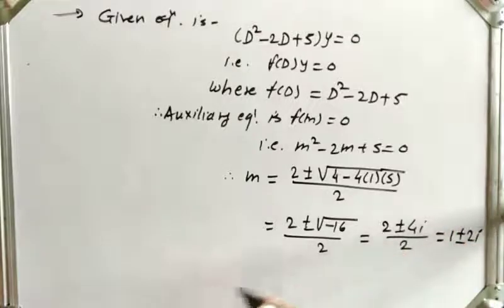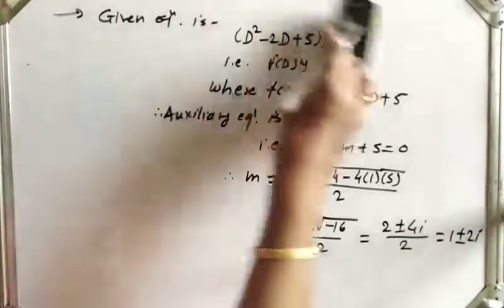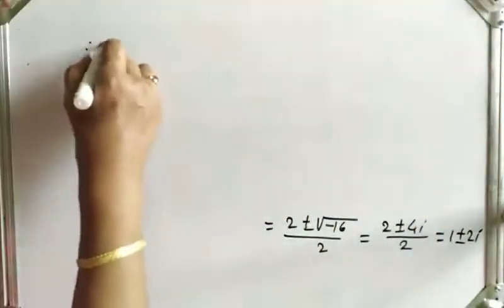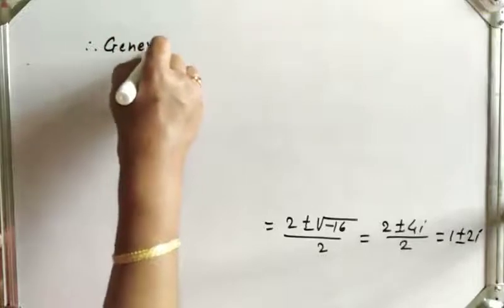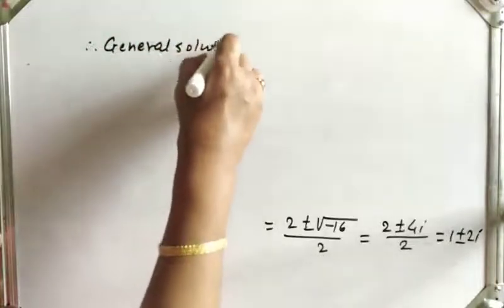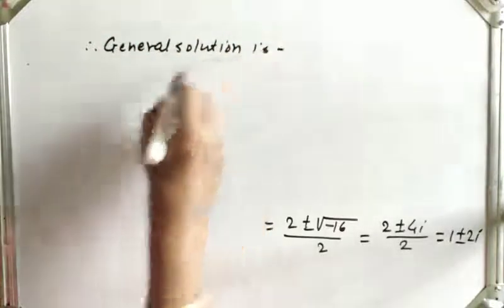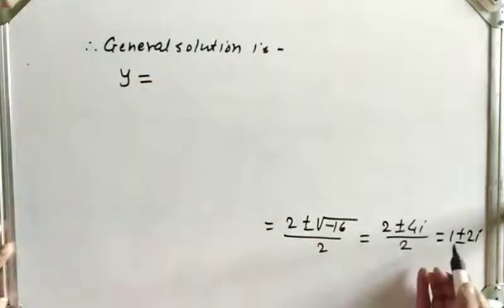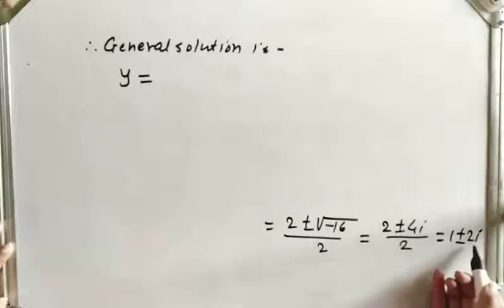Therefore what will be its general solution? General solution is y is equal to, real part is 1, imaginary part is 2.